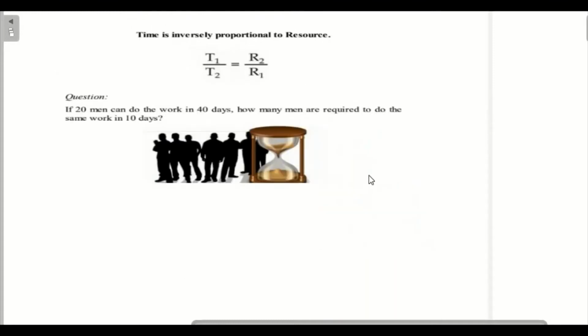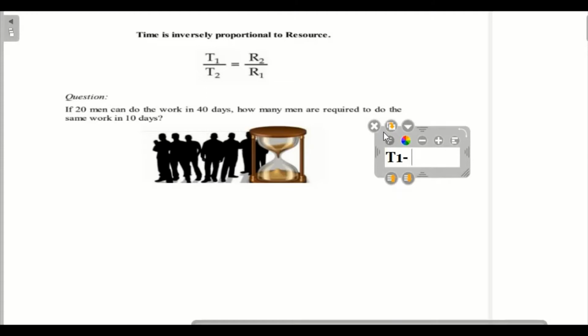On the next question: if 20 men can do a work in 40 days, how many men are required to do the same work in 10 days? So we have to find the number of men, but here they have given the number of days, that is the time period. So we have to use the same formula, but instead of weight, we are using time.